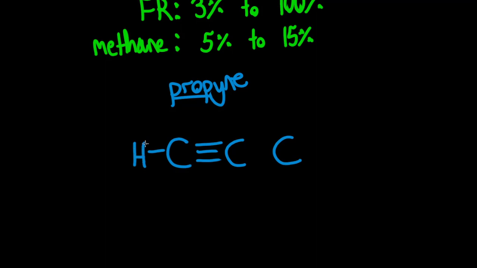So I add a hydrogen there, and to make this bond here, this carbon's not going to have any hydrogens on it at all, whereas this one is over here hanging out. It can have 3 hydrogens. By the way, we can also call this methyl acetylene.